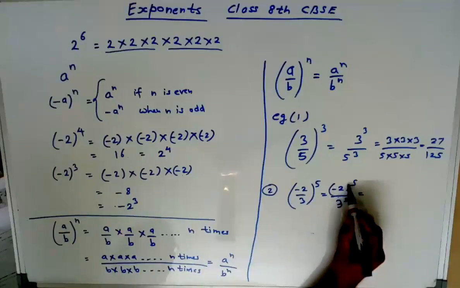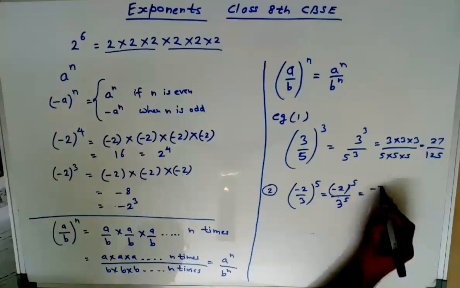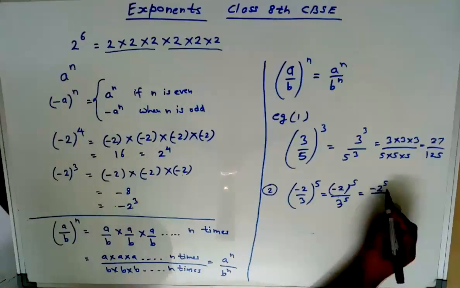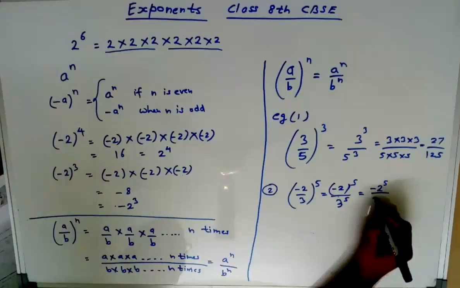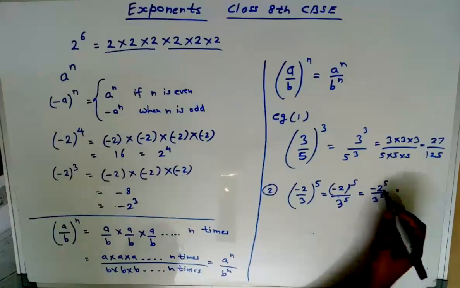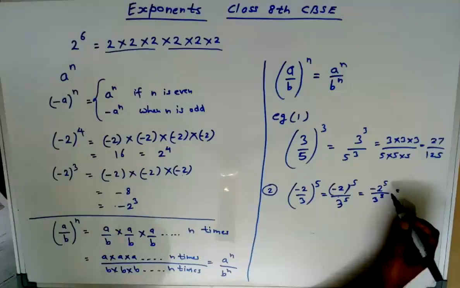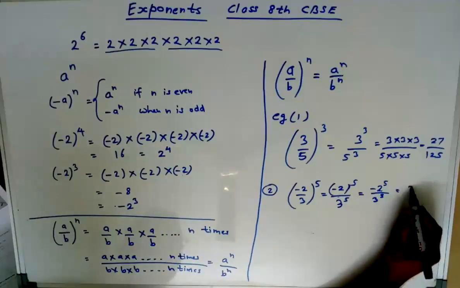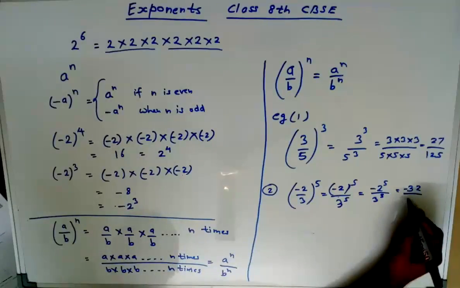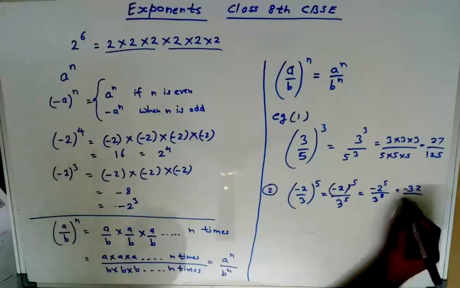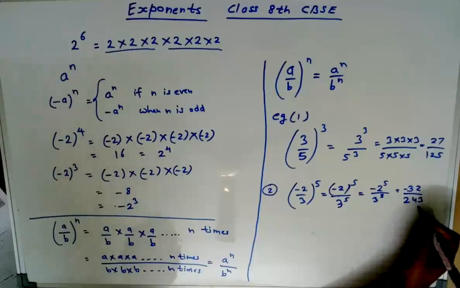Now here n is an odd number, so it will become minus 2 raised to the power 5 upon 3 raised to the power 5. So it will become 2 into 2 into 2, 5 times, it is minus 32 upon 3 multiplied 5 times, it will be 243.